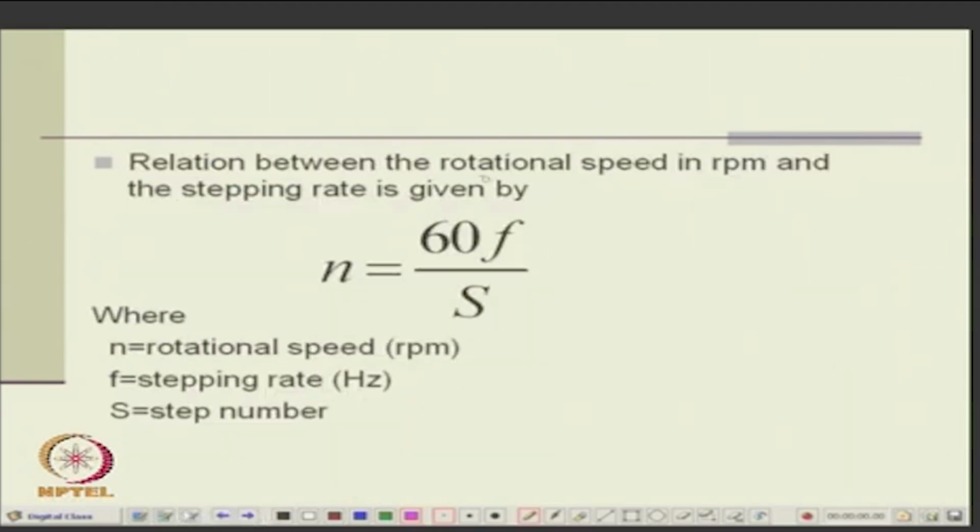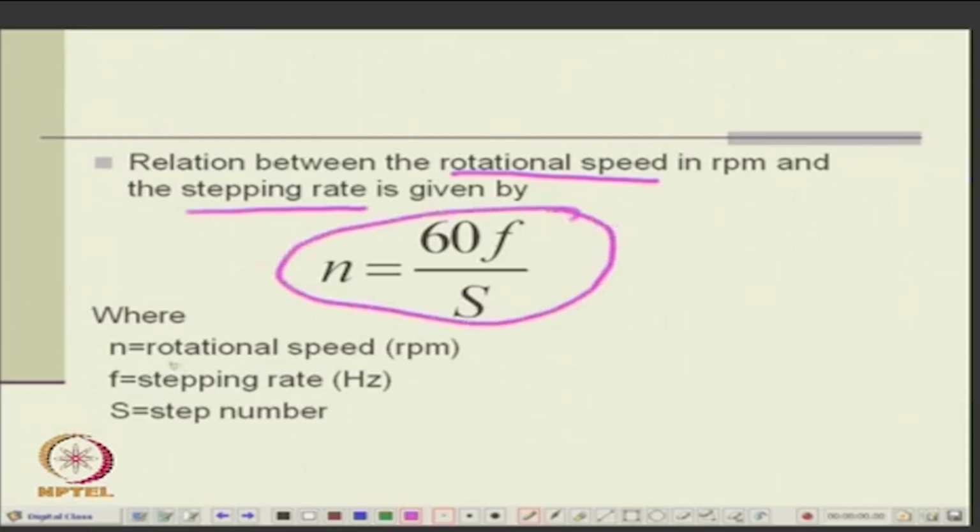The relation between rotational speed, how fast it will rotate, and the stepping rate is given by this formula. If n is in RPM, then f is the frequency, that is the stepping rate, and s is the step number.